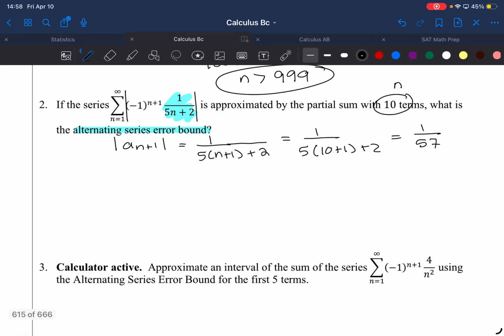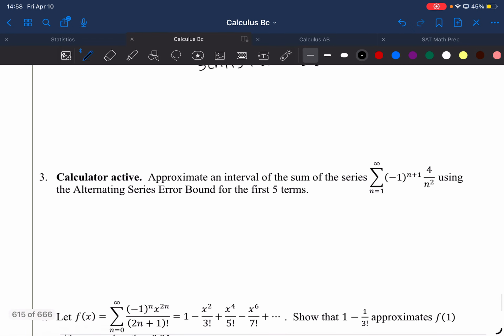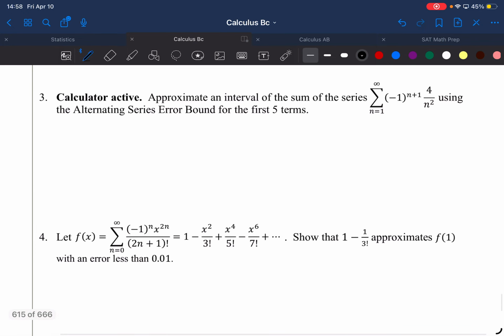Number 3 is calculator active, which means you have access to Desmos. It says approximate an interval of the sum of the series using the alternating series error bound for the first 5 terms. Anytime it wants you to approximate, you're going to find s sub n. In this case, since it's talking about the first 5 terms, n is going to be 5.